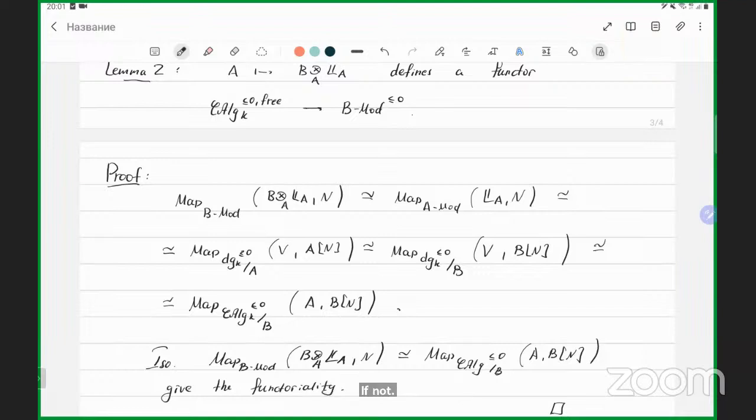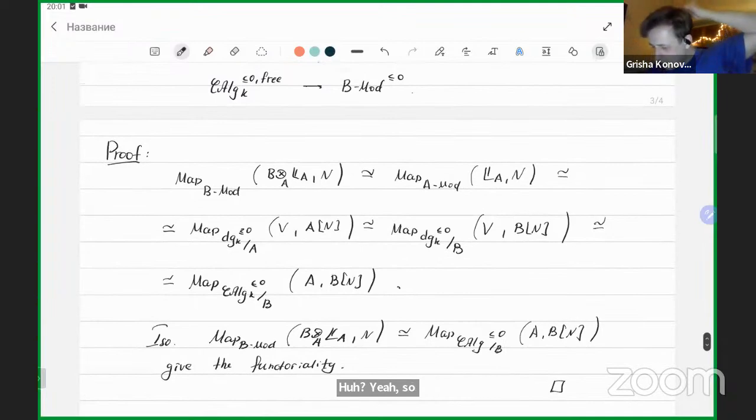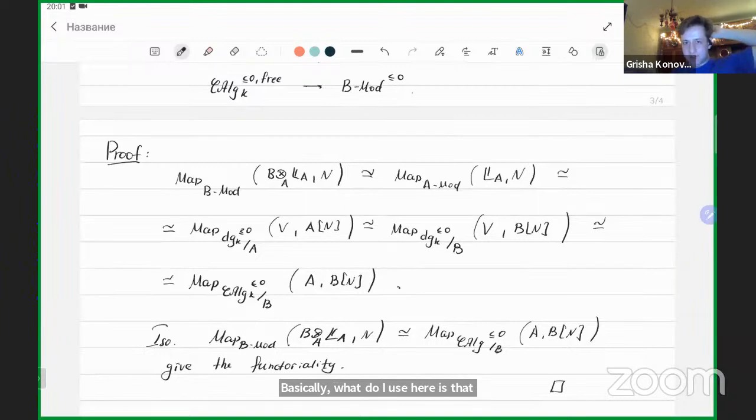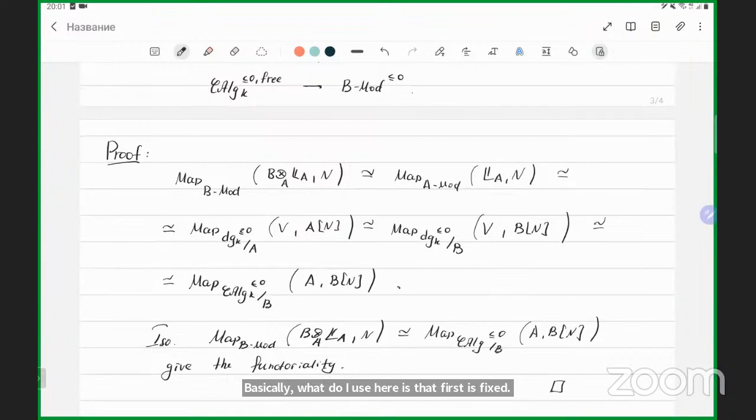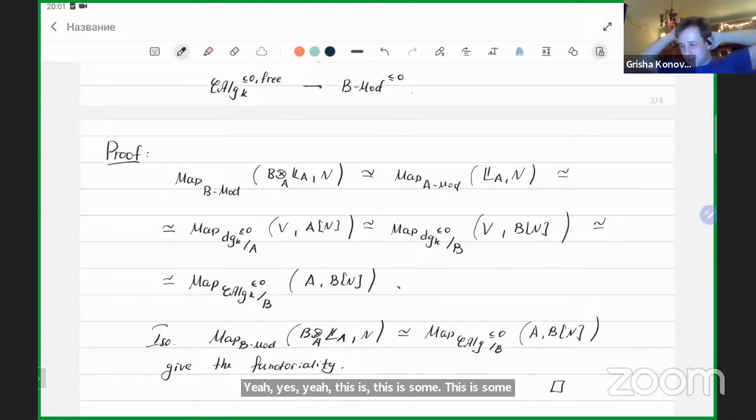If not, functoriality follows from the functoriality of Bn or something like this. Yeah, so basically what I use here is that first, B is fixed. And it's a derivative of a presheaf on Bn. Yes, this is some manifestation of the Yoneda lemma, I guess.